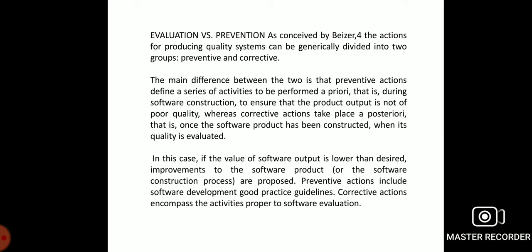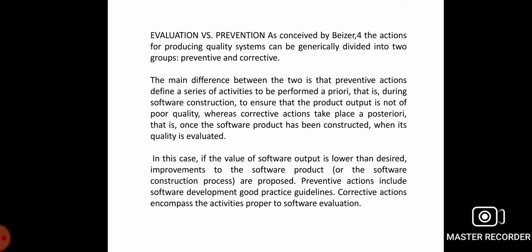In this case, if the quality of the software output is lower than desired, improvements to the software product or the software construction process are proposed. Preventive actions include software development good practice guidelines; corrective actions encompass the activity of proper software evaluation.